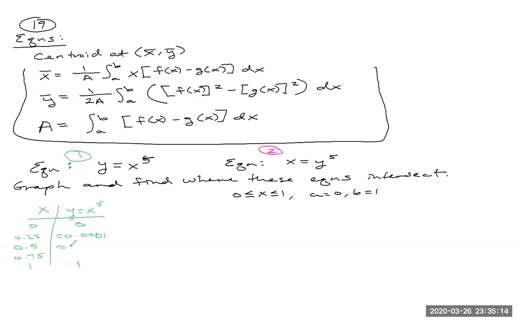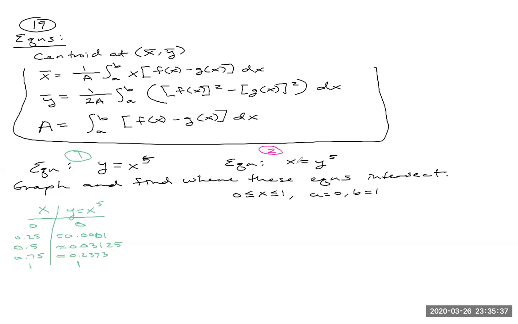For 0.5, we get 0.03125. And when we plug in x with 0.75, we get 0.2373 for our y values.